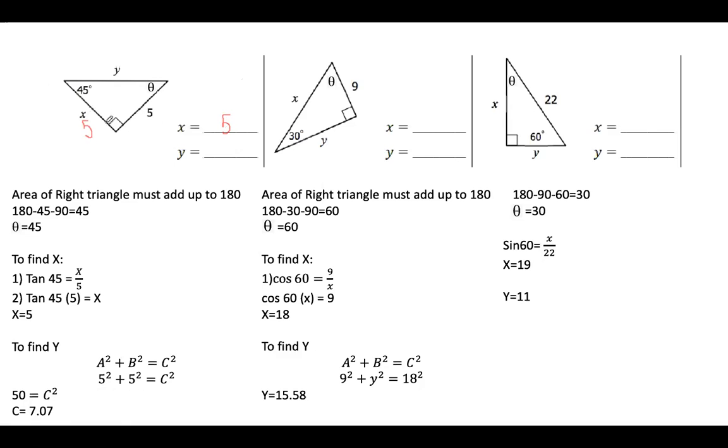Either one can be b squared. We just have to make sure that the longest side, the hypotenuse, is c squared. So in this case, we're asked to find y, which is c squared. So I just do 5 squared plus 5 squared is equal to c squared. And essentially, I get 7.07 as my answer for y.